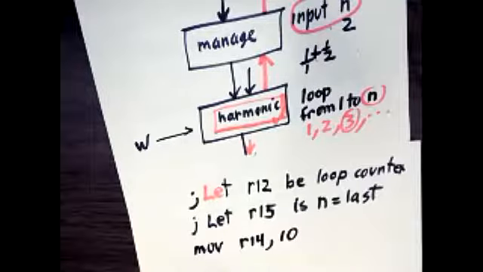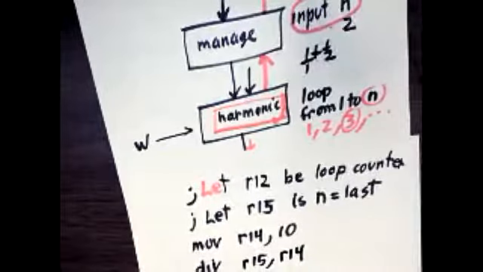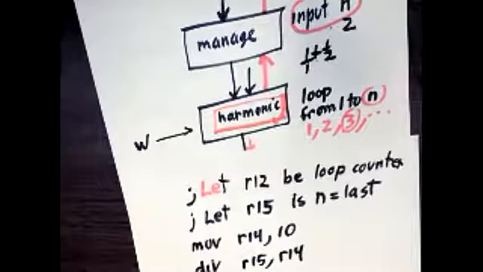And then, will this get up into the billions? Let's do the short way. These are unsigned integers, so it's div R15, R14. And we just lost the n.